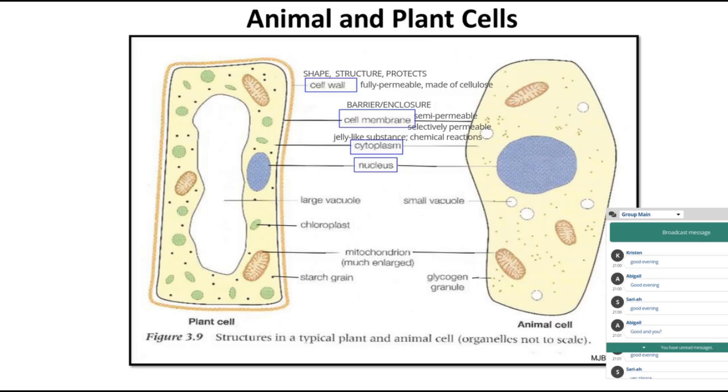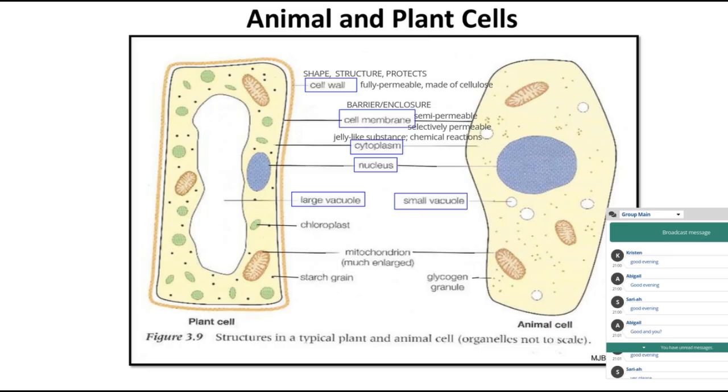So let's look now at these vacuoles, large and small. We see it's large in the plant cell and small in the animal cell, and they tend to have different functions in each cell.